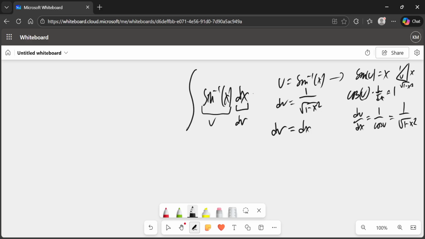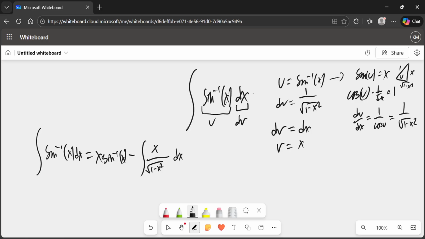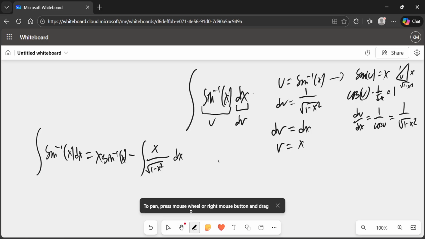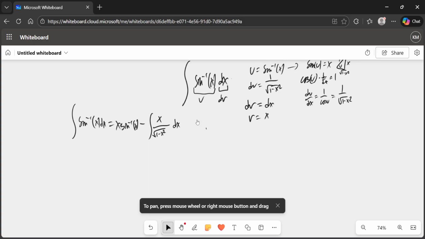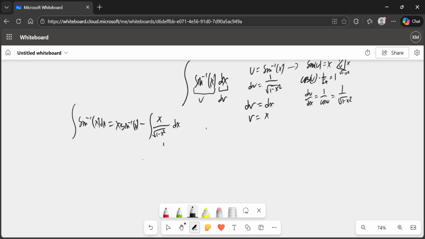dv is equal to dx, v is equal to x. So if we do it by parts, it's equal to x sine inverse x minus the integral of v du, which is x over root 1 minus x squared, and that's a u sub here. u is equal to 1 minus x squared, so du equals negative 2x dx.